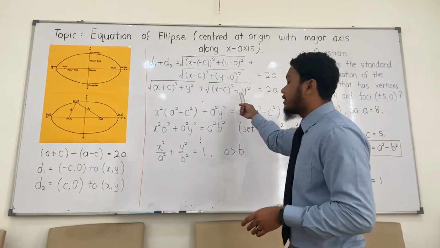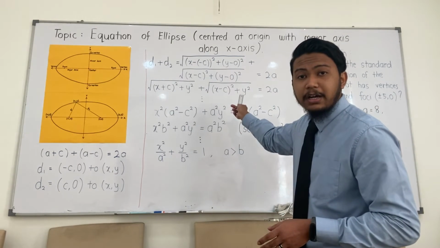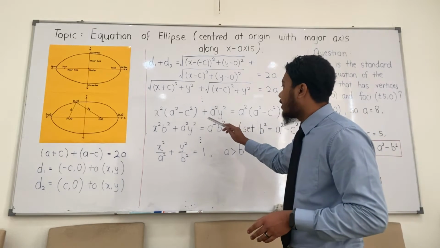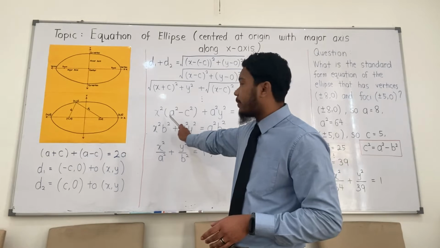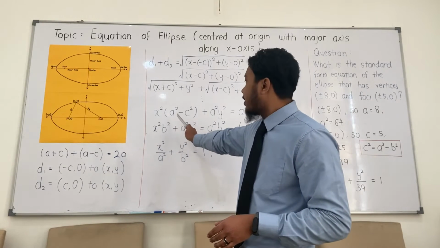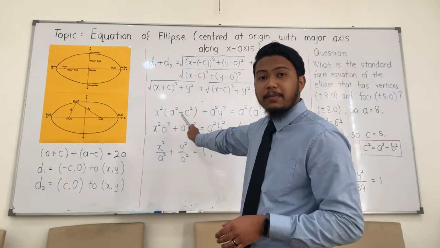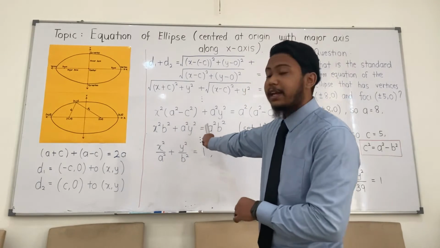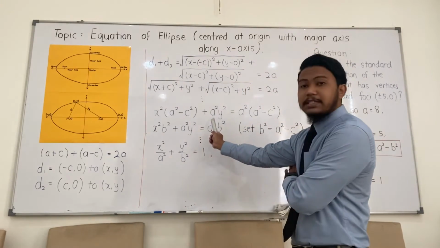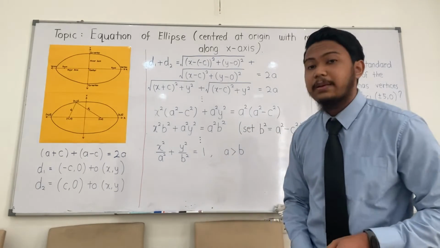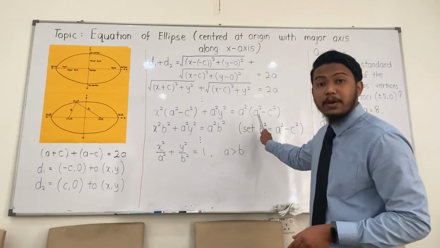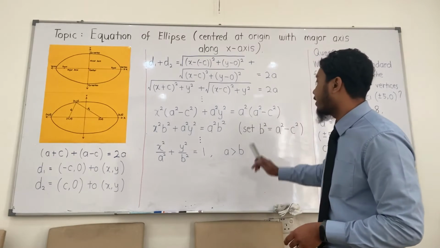After we simplify and do some calculations, we get x squared times open bracket a squared minus c squared close bracket plus a squared times y squared equal to a squared times open bracket a squared minus c squared close bracket.